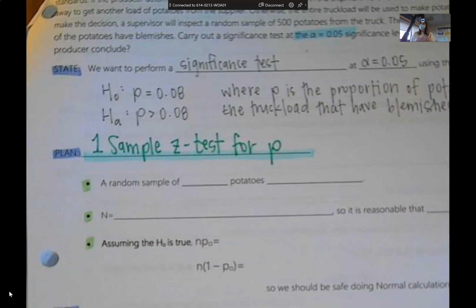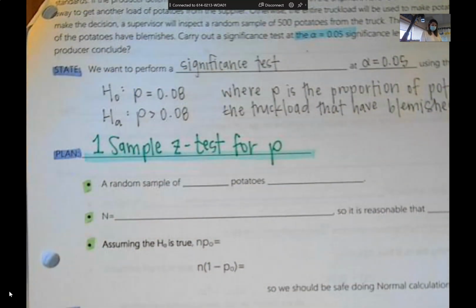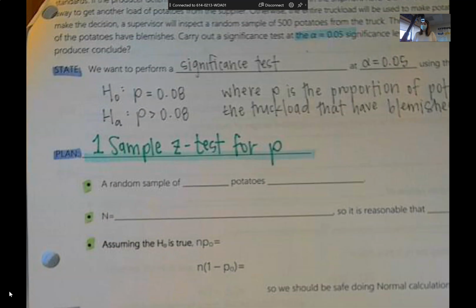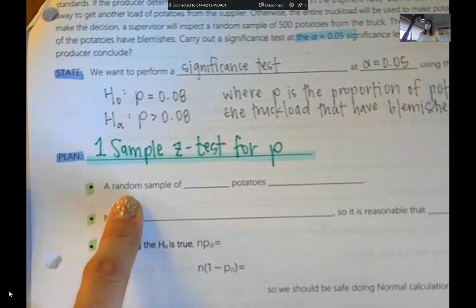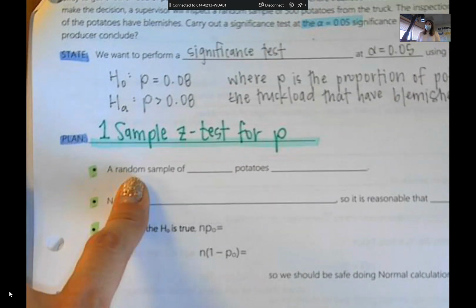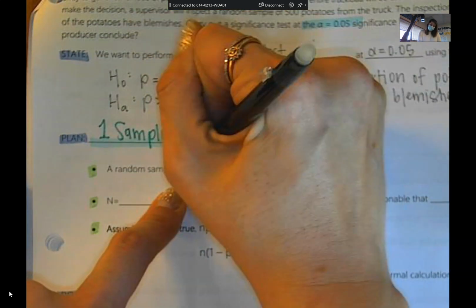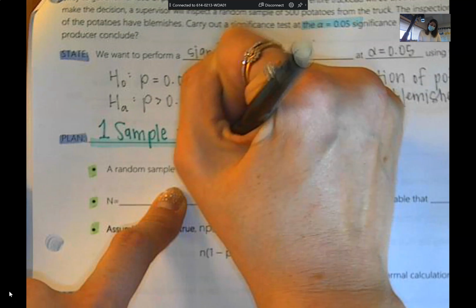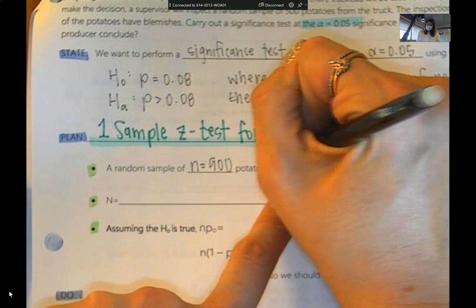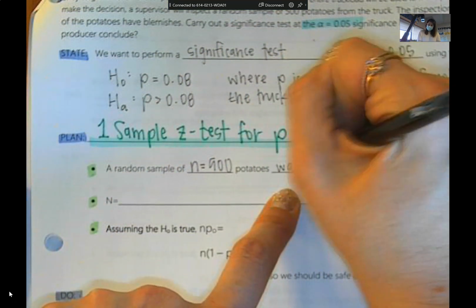Before we can actually run this test, we need to check our three conditions that we're hopefully getting used to checking. So first one that I check is that we took a random sample. So we can say a random sample of N equals 500 potatoes was taken.